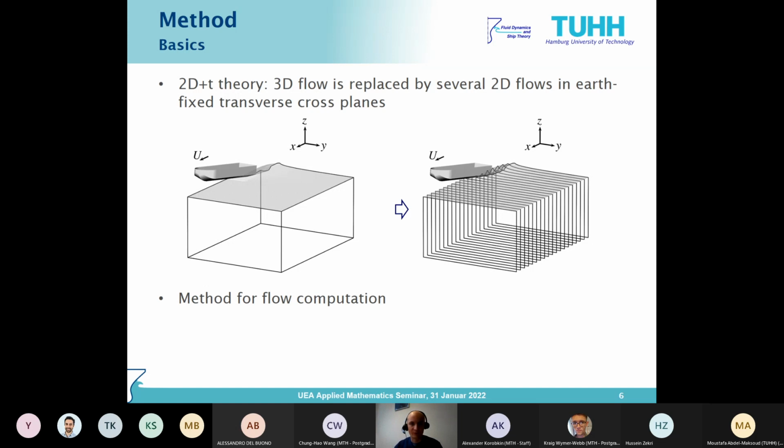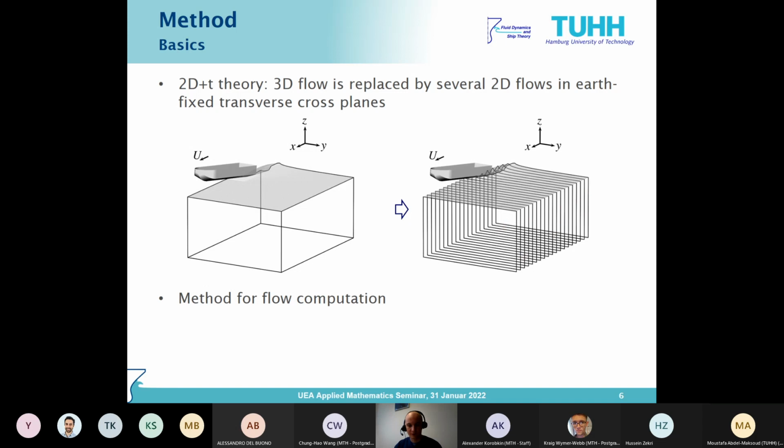Okay, so 2D+t theory, the basics are the 3D flow is replaced by several 2D flows in Earth-fixed transverse cross-planes. So this three-dimensional domain is discretized by several 2D planes.